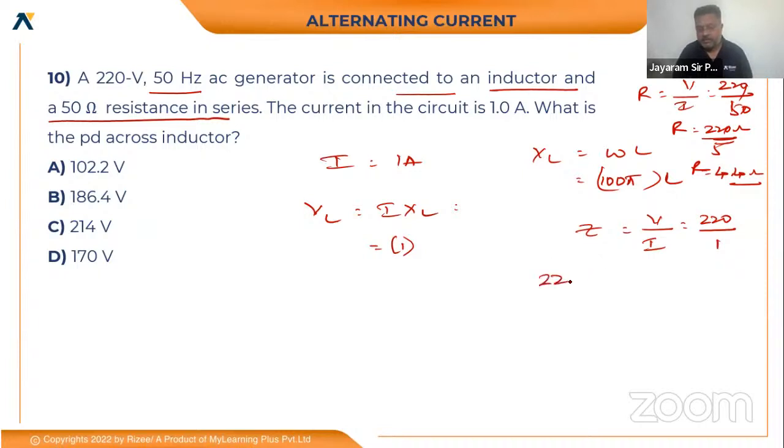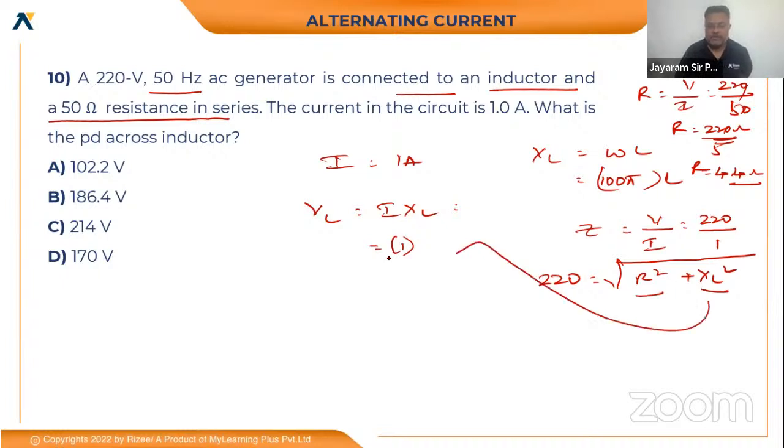Z is equal to 220, which is equal to root over R square plus XL square. R value is 50, substitute it and find XL. So from this one, substitute the XL here. You can get the VL value.